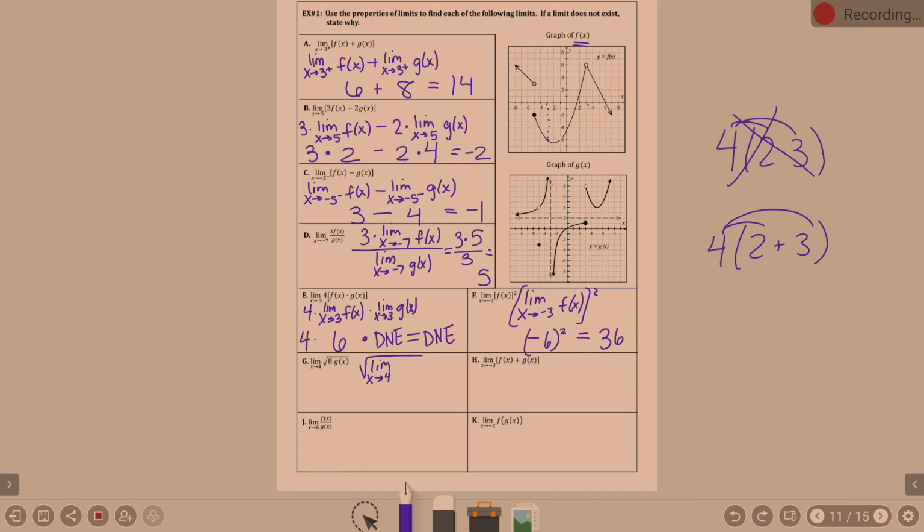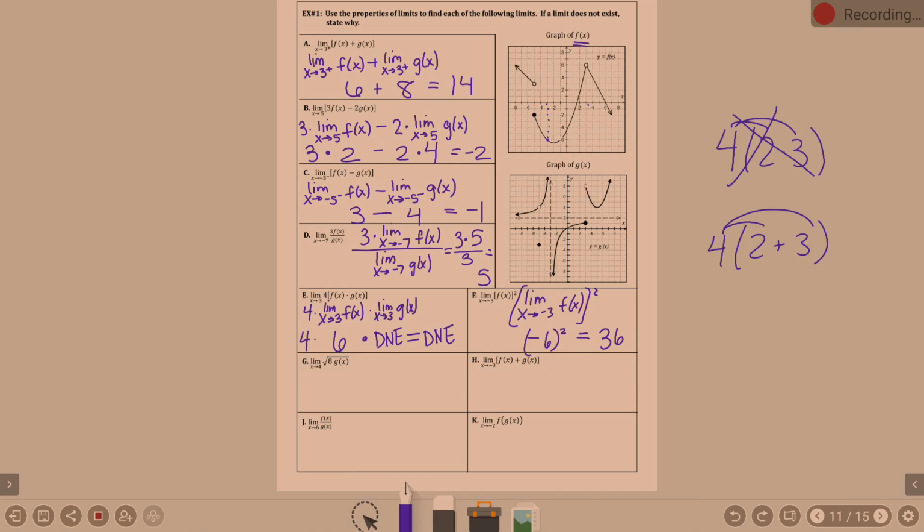Remember a square root is the same thing as a power of 1/2, like power of 1/3 is a cube root, power of 1/4. That's necessary information we'll come back to.